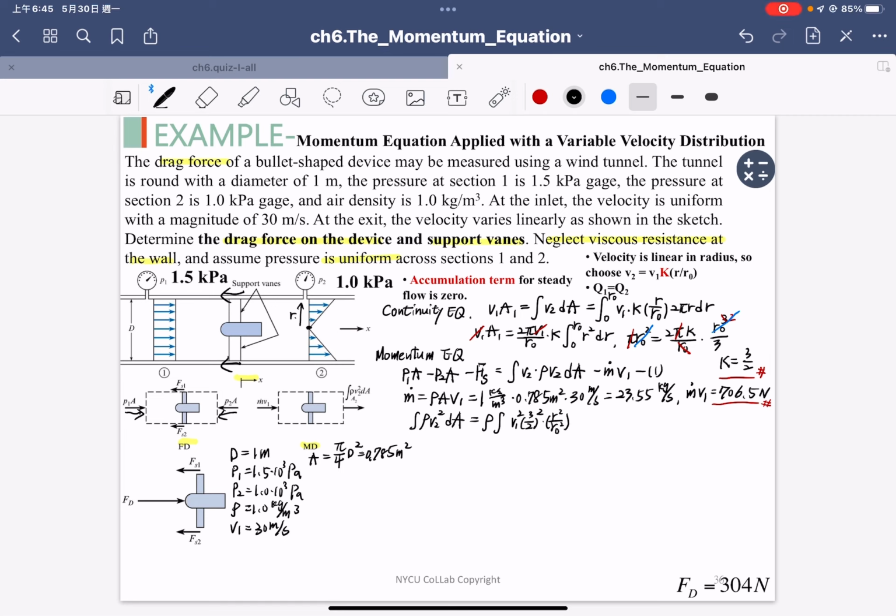This is V2 squared, and dA is 2 pi R dr, and the integration interval is from 0 to R0.